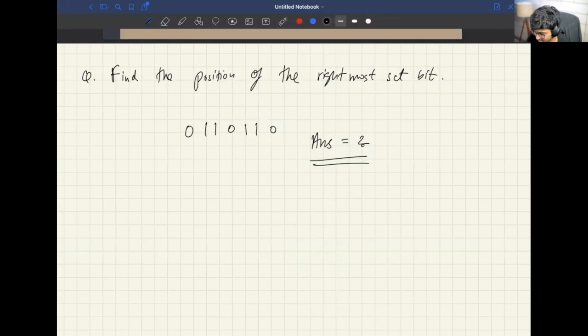So that's correct. Could you do it in one single step? So if I have something like this, it should give me 4. Can you do it in one single step? Just one step, no while loops.